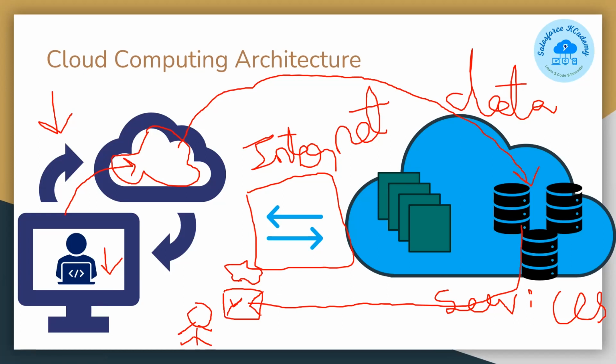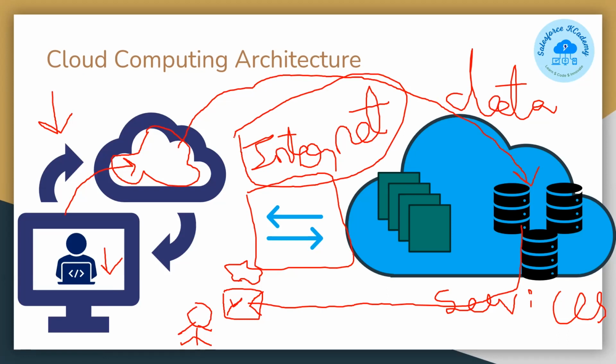So in this whole cycle, from sending to receiving by someone else, what is the main thing here? Internet. So internet is playing the key role in the cloud computing architecture. Not only in cloud computing architecture, even in the on-premises, but in the cloud, it is a must.